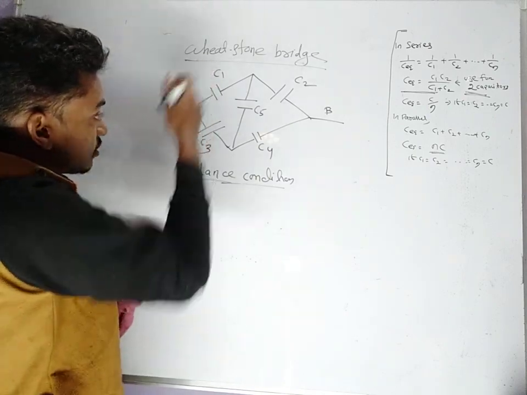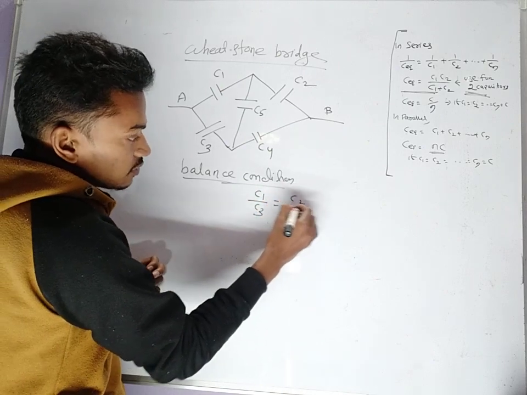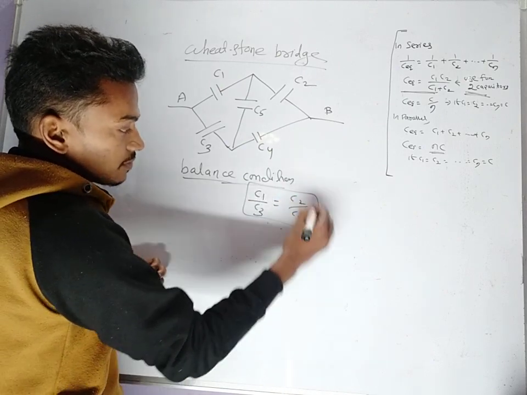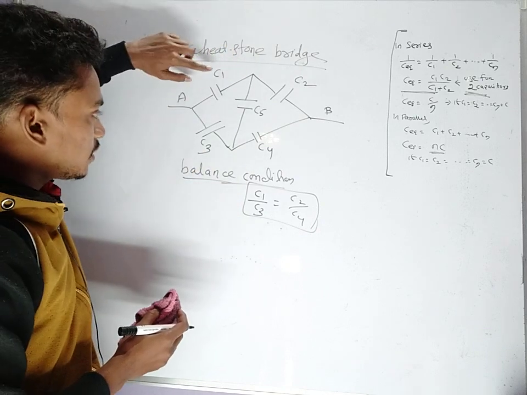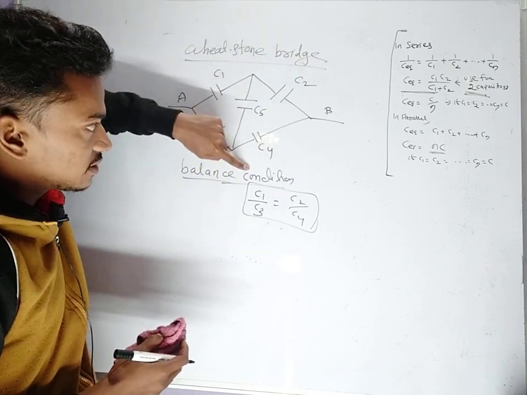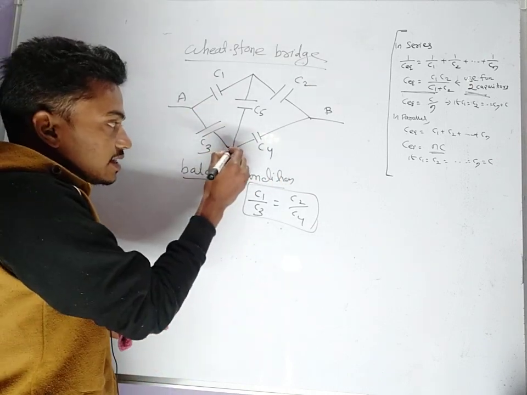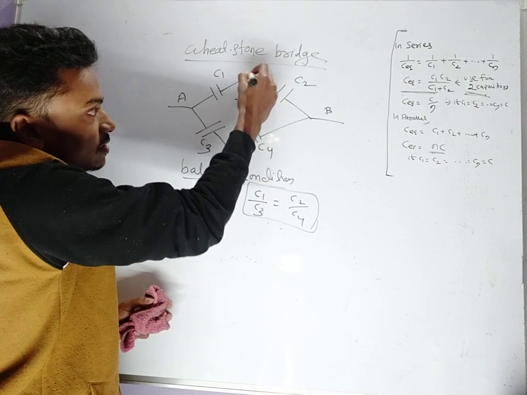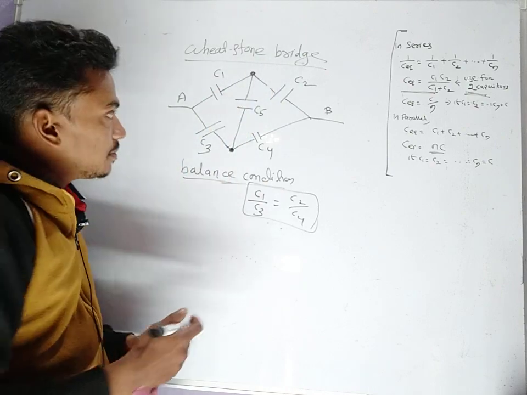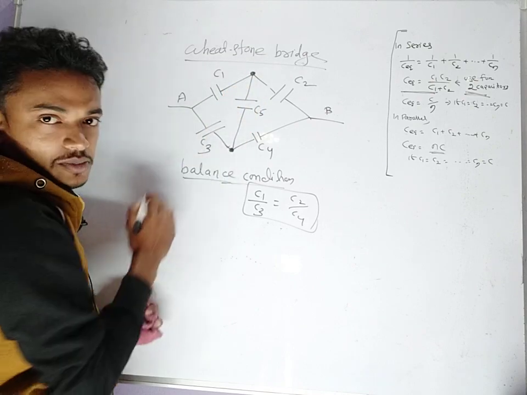The balance condition is simply C1 by C3 is equal to C2 by C4. Means if the ratio between these two capacitors and these two capacitors are the same, then the potential at this point and this point will be the same. Means there is no potential difference between this point and this point.